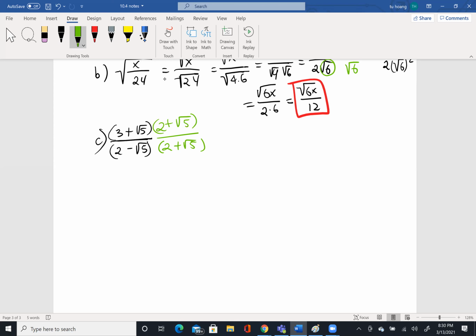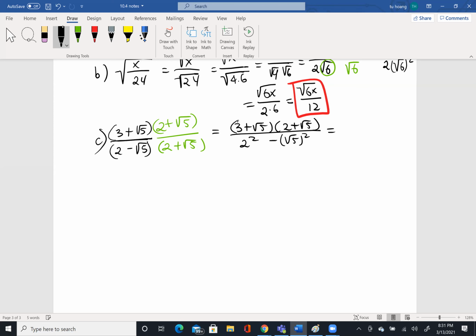So now the top becomes 3 plus square root 5 times 2 plus square root 5. The bottom is going to be 2 squared minus square root 5 squared.